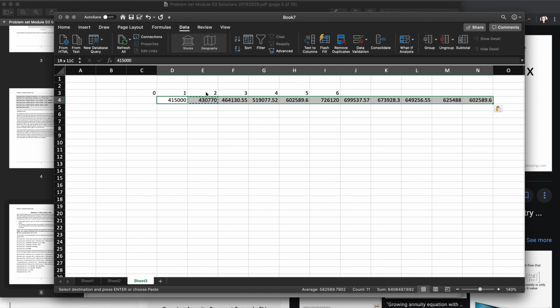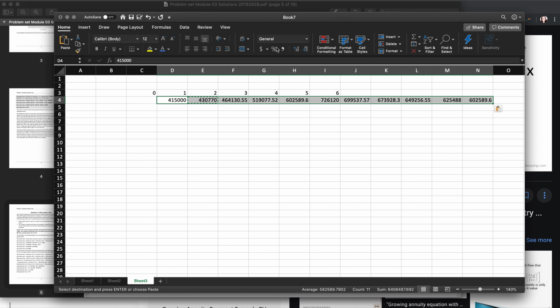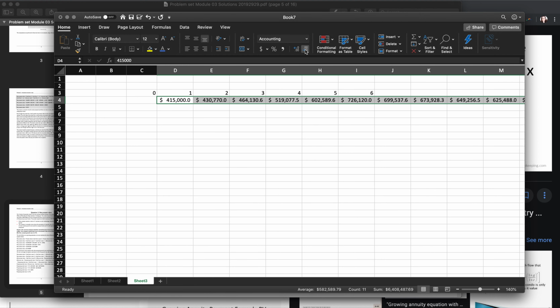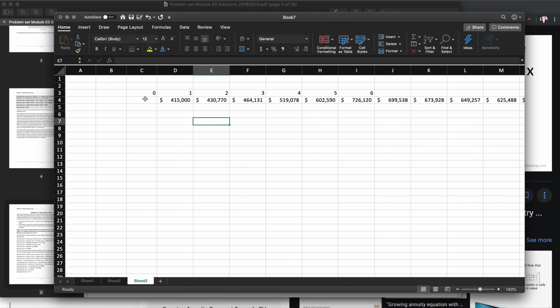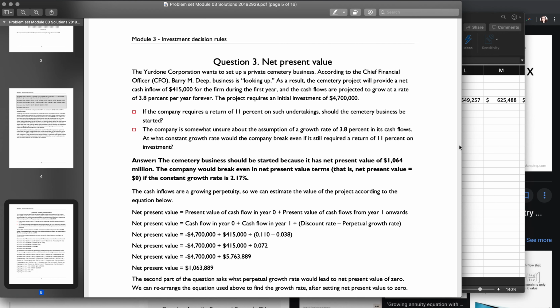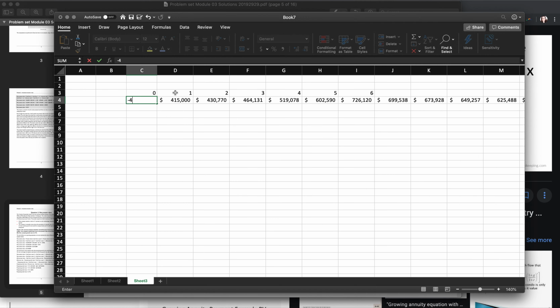Now, this is not a good way to solve this, so I don't know that you should necessarily copy what I'm doing, but I just want to show you the first year is minus 4.7 million.